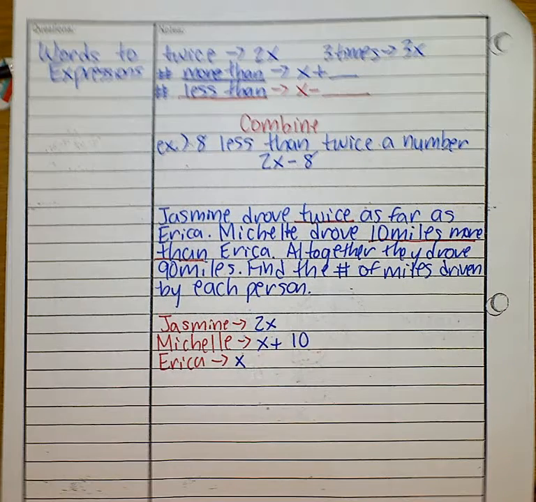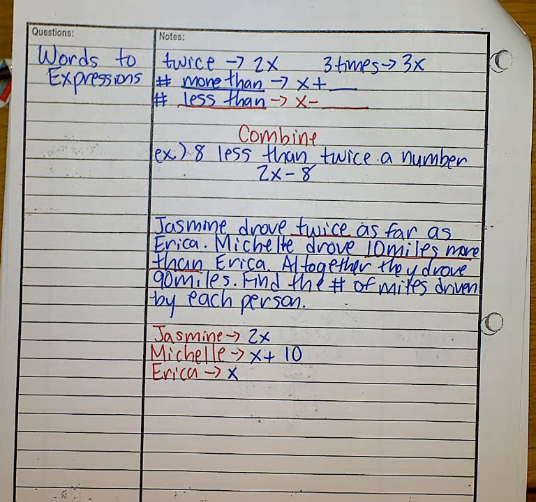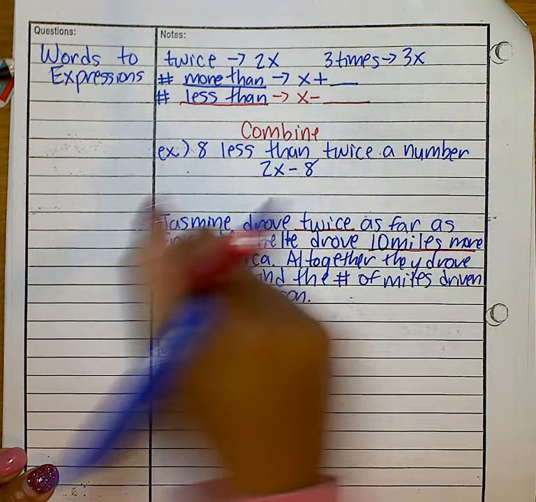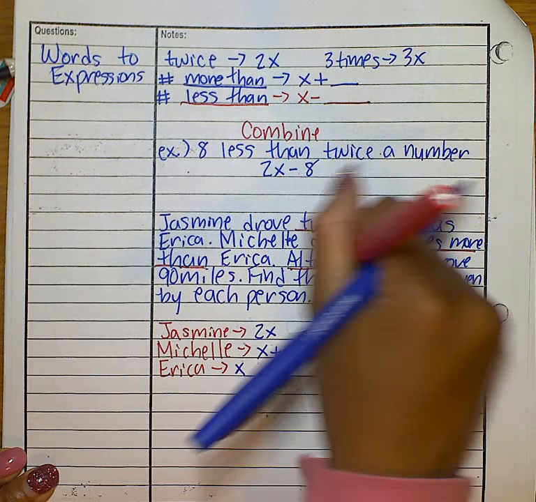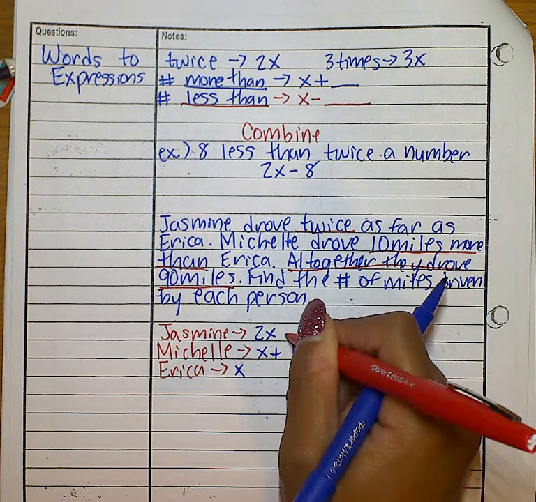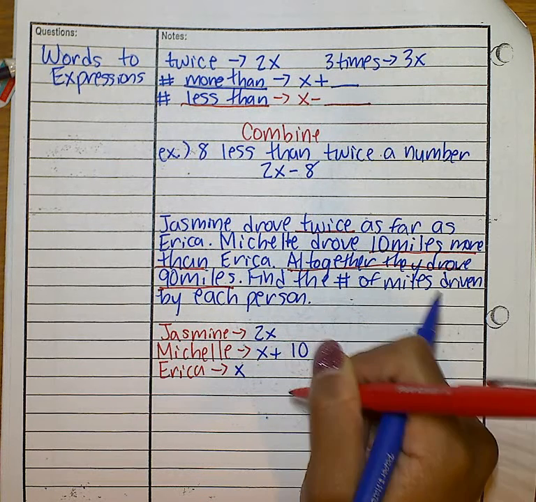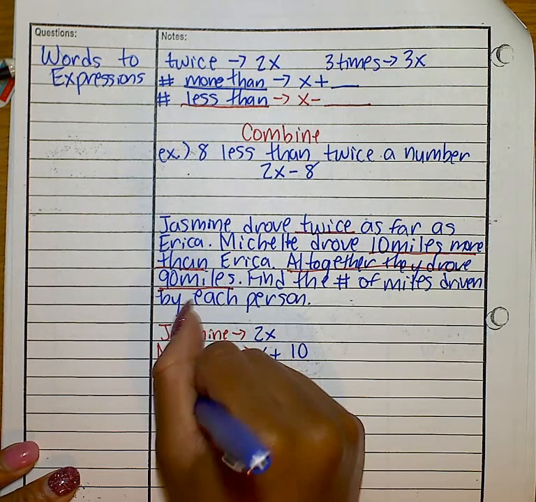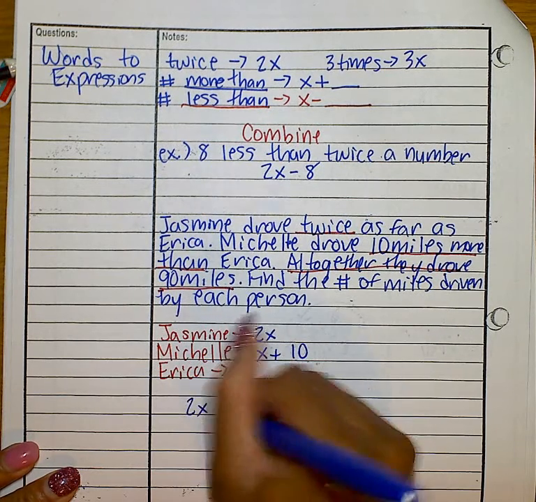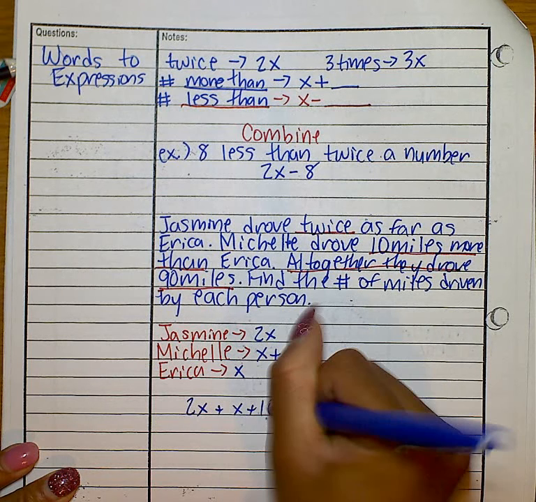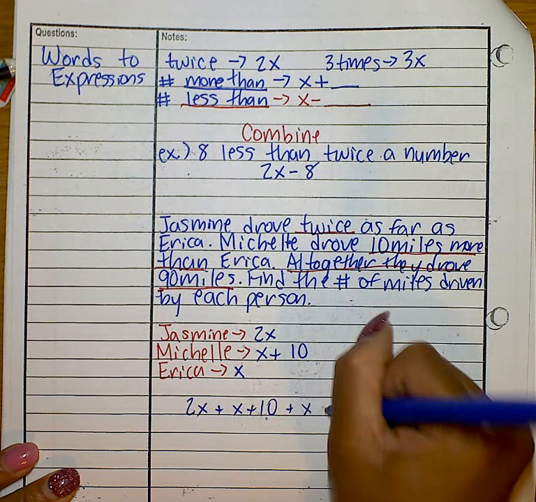So now that we have those three different people, the last piece of information is altogether they drove 90 miles. That means if you add up these three different distances, you should get to 90. So if I add 2x plus x plus 10 plus this final x, all of that should equal 90 miles.